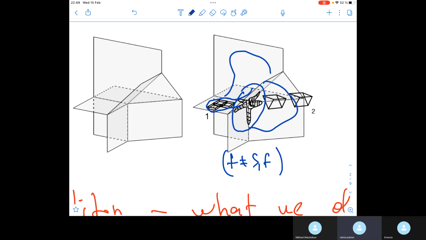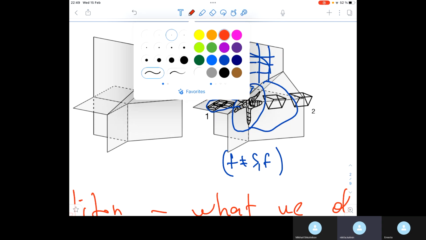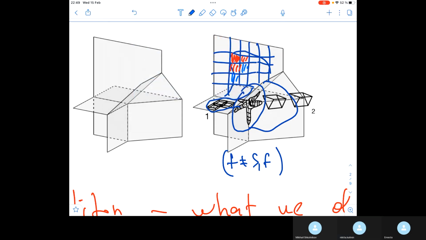Why is that? Because each face here is also periodic in some dimensions, right? So it can be cut into identical pieces. And then you do the following. You look at some piece which is far from the tropical vertex. You look at its neighbors. Then you look at neighbors of these neighbors.